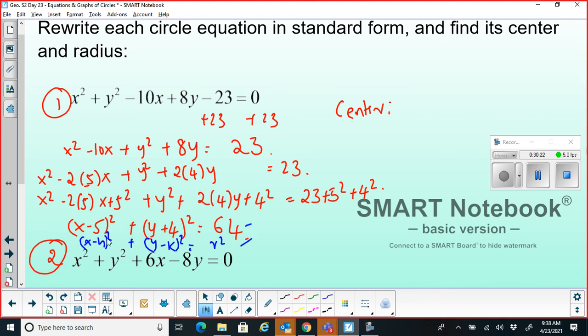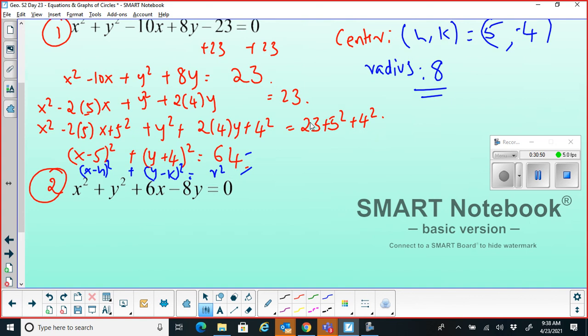If I compare these two equations, the center h comma k is 5 comma -4, and the radius, r square is 64, taking the square root I get radius r as 8. Okay, the majority of you had this answer. So let's see the last one.